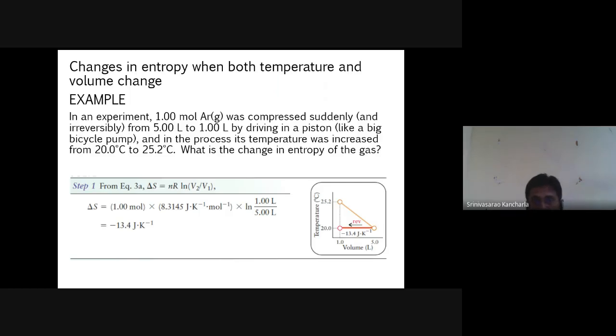See, you are directly given the n value. It's a compression, with a change in volume. In the process, you have a change in temperature. What is the change in entropy of the gas?